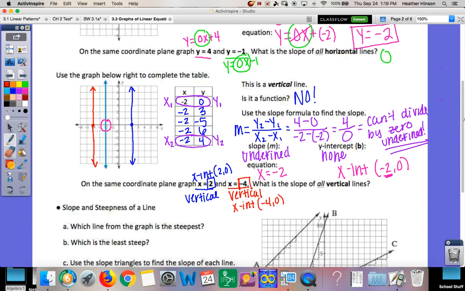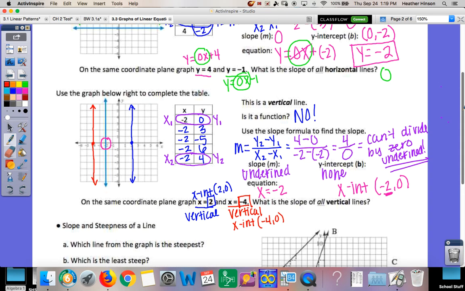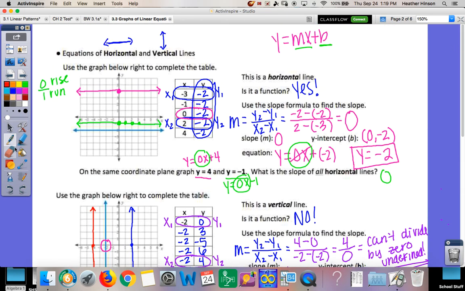So anytime you see x equals, it's always going to be vertical. There's a little acronym you can remember. It is called HOY-VUX. HOY-VUX. This just means horizontal, oh, I'm going to run out of space. Horizontal lines have a 0 slope. Those are your y equals equations.